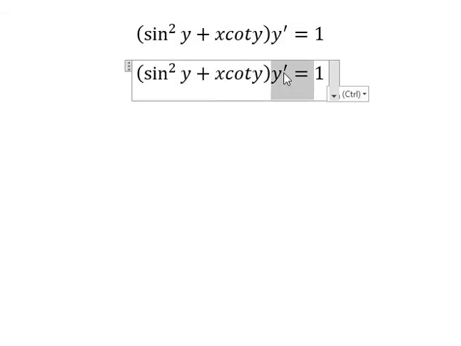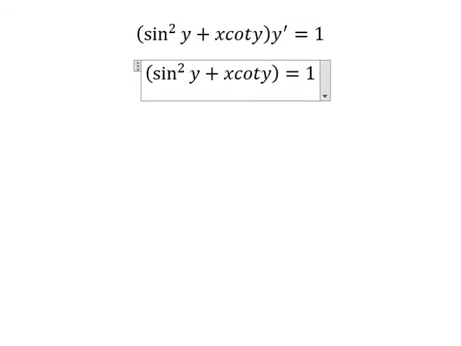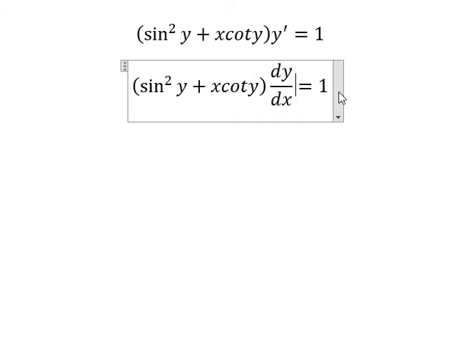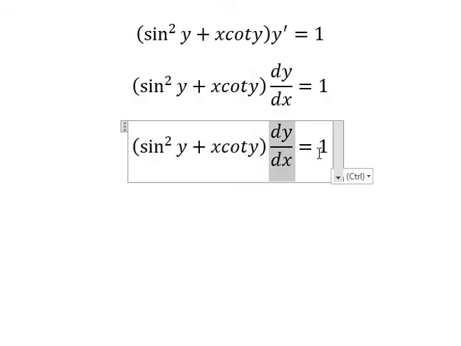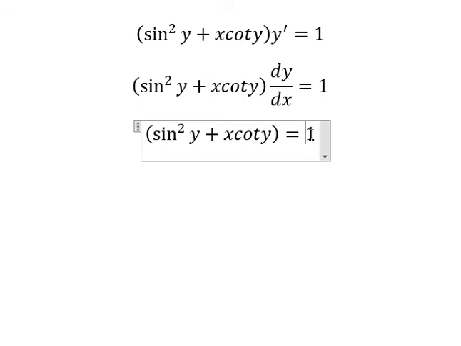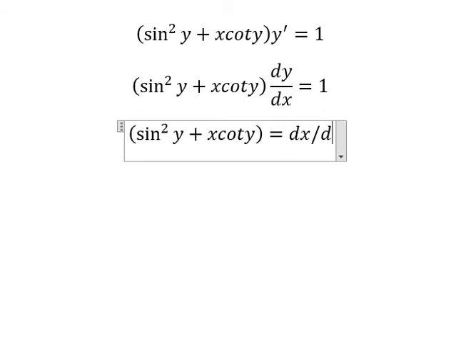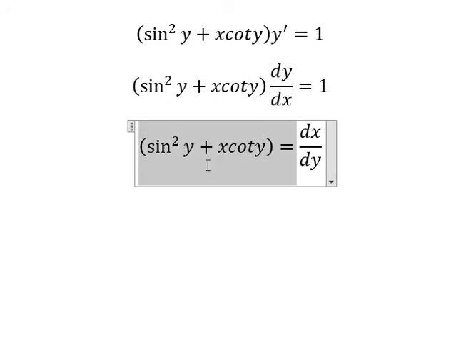This one we change dy over dx. Next, this one we put on the right and you get dx over dy. Now we need to open parentheses of this one.